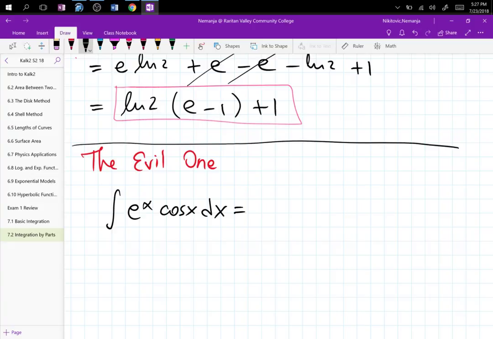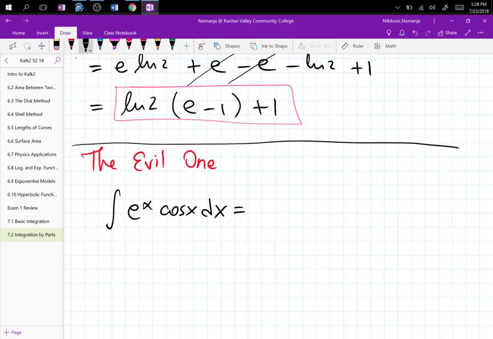So, what do we have? In this particular problem, we have two transcendental functions, e to the x and cosine x. They're multiplied. So if you have two functions that multiply, you want to think about integration by parts.